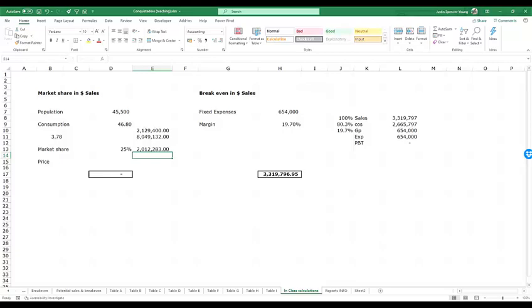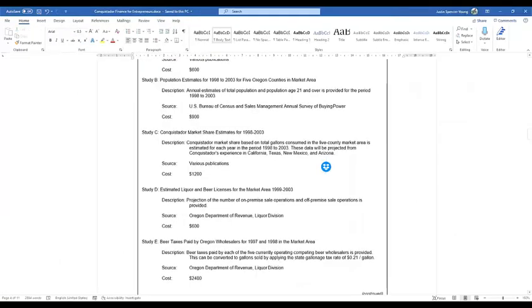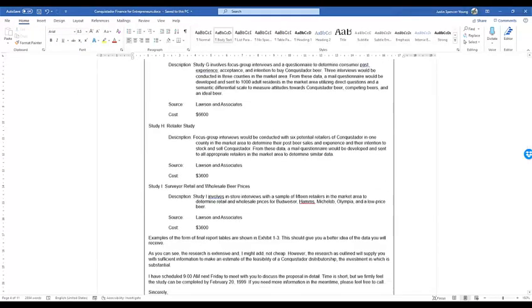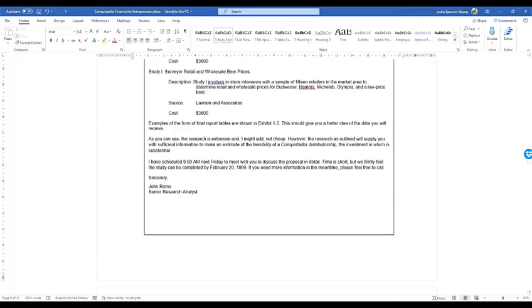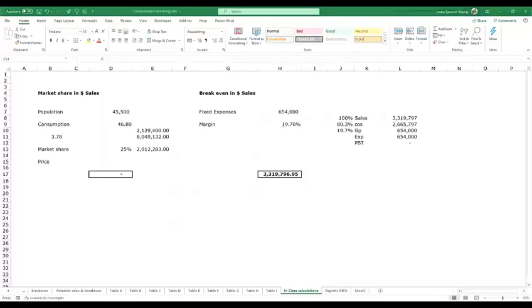All right, so hopefully you went and bought Report I. And if we scroll down here to Report I, it would have told us. So we wanted Report I, Surveyor Retail and Wholesale Beer Prices. And it's quite a pricey report. But we need it to determine the wholesale prices of these other products and how we can position ourselves relative to those products. Let's take that out.